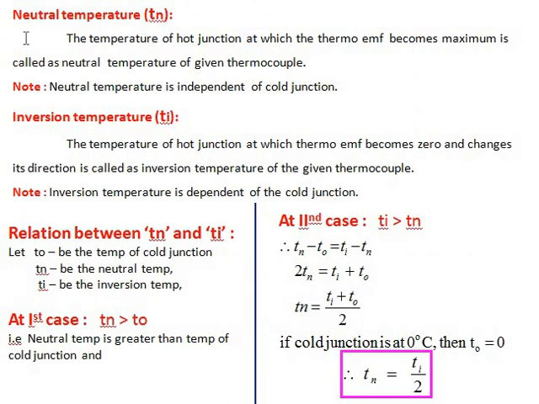Already we studied this, but look into some definitions. The neutral temperature: the temperature of the hot junction at which thermo EMF becomes maximum is called the neutral temperature of the given thermocouple. If the metals of the thermocouple change, then this neutral temperature also changes, dear students.